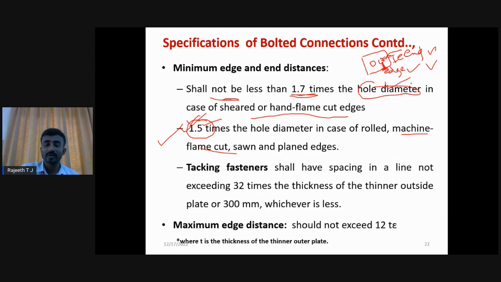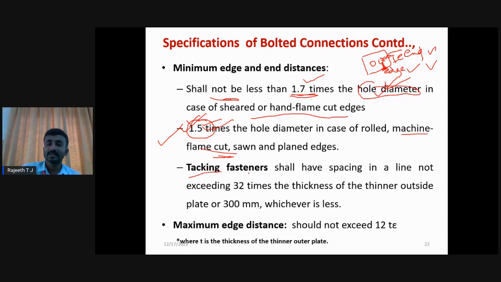How do we get the hole diameter? From Table 19, we take the clearance plus the diameter of the bolt, and we get the hole diameter. The factor is 1.7 times the hole diameter for flame cut edges and 1.5 times the hole diameter for machine cut edges.